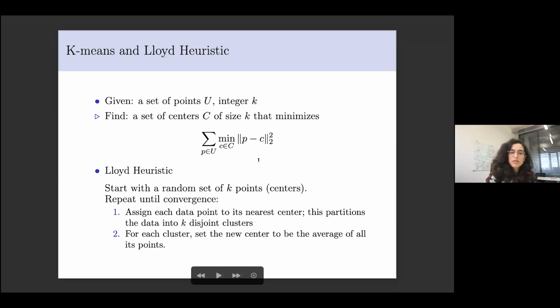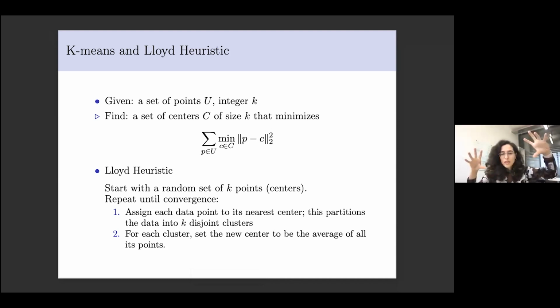For the sake of simplicity, let's just assume that you start with a random set of k points and you assign each data point to the closest center. This defines a partitioning of your data. And now you update the center of each partition or cluster to be the average of data points in that cluster, right? And now you have k new centers, you update the partitioning, and you repeat this process.